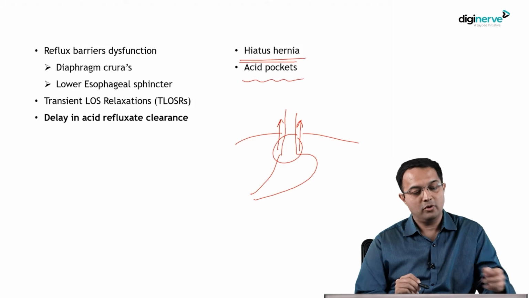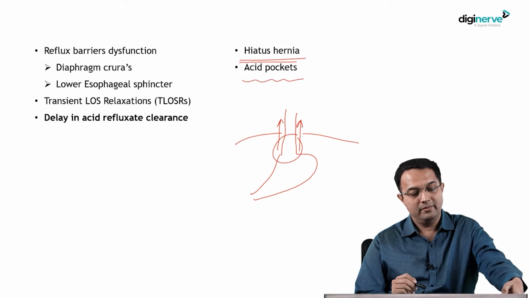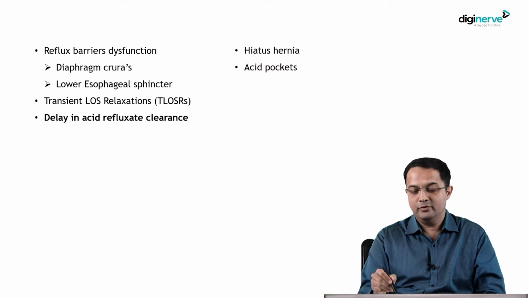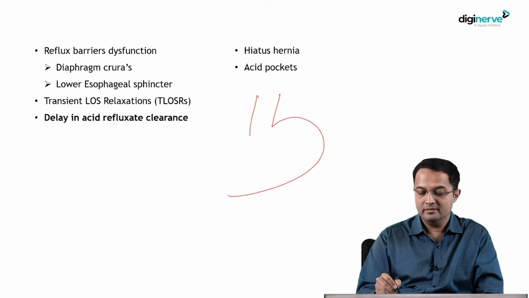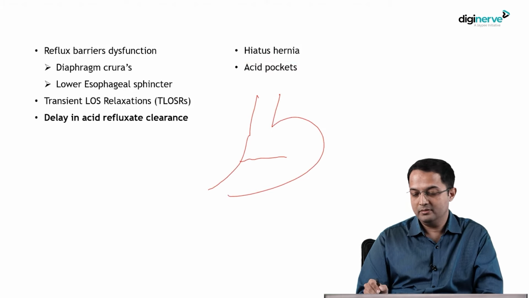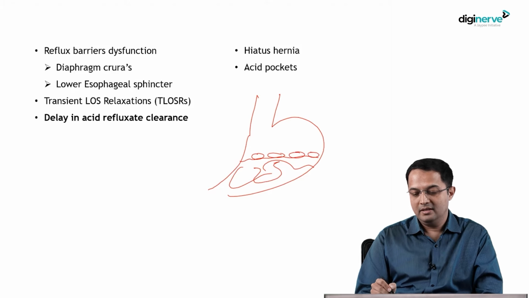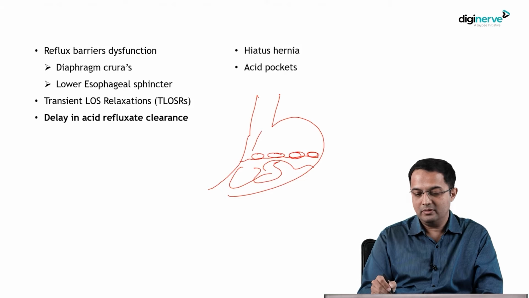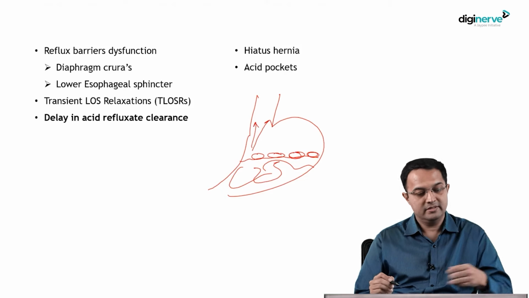And there are some acid pockets. If you look at the stomach closely, whenever you eat something, there are all the food particles here, and there are some acid pockets here, which are not neutralized. If these acid pockets are not neutralized, then they will cause gastroesophageal reflux disorder.